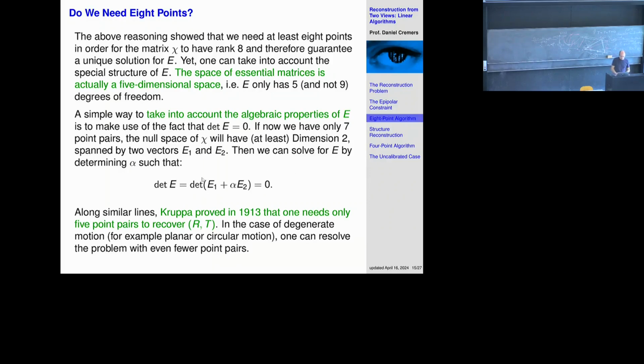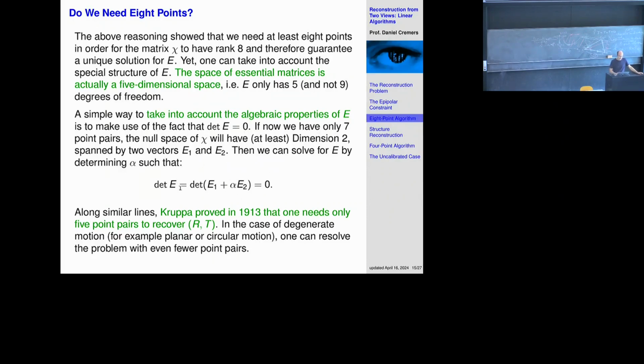And this is what you can do, and that way you would end up with something that is essentially a 7-point algorithm, right? Estimate this chi matrix for 7 point pairs, compute the vectors associated with the two smallest singular values, E1 and E2, and then solve this equation for alpha, which is not easy.